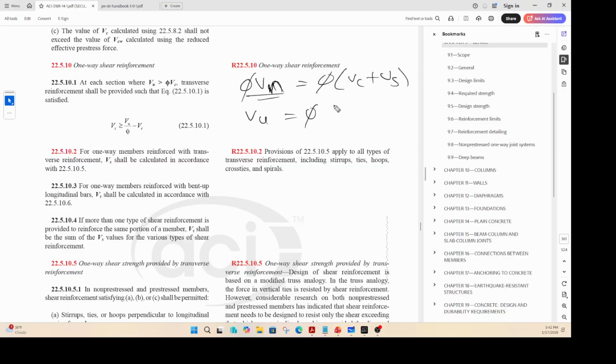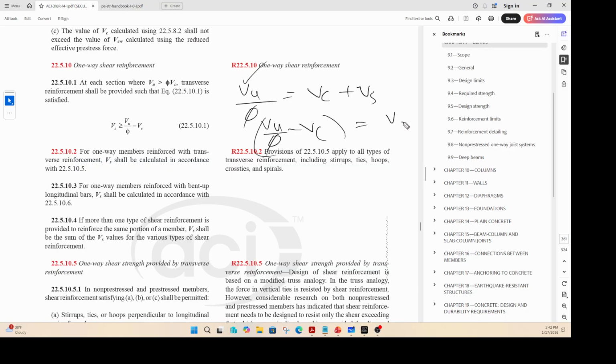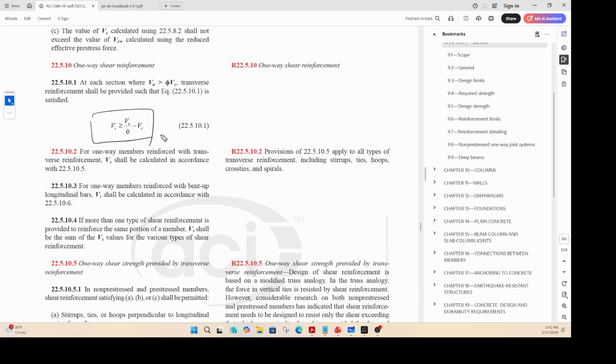Vu is equal to phi times of Vc plus Vs, correct? Vu by phi is nothing but Vc plus Vs, correct? Vu is always given, so Vu by phi minus Vc, then you will get your Vs. So that's how you calculate your Vs, and that is what is given here.